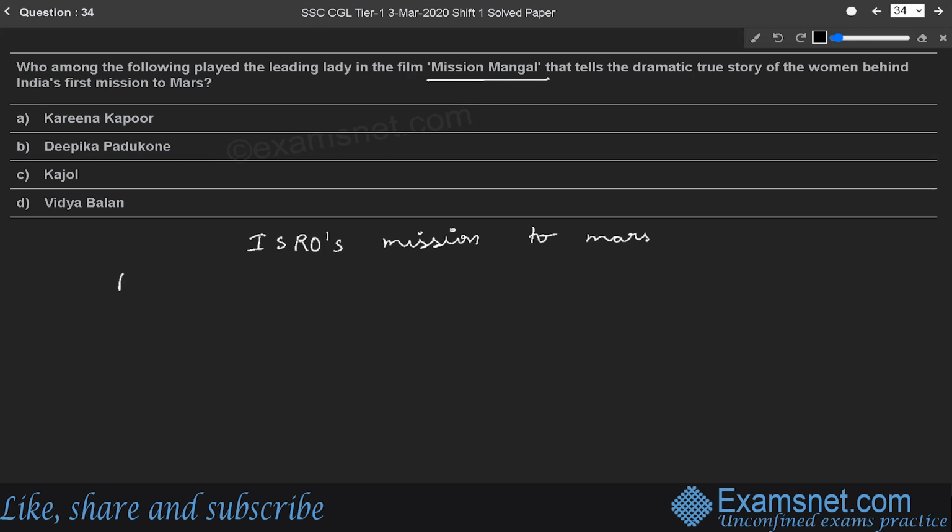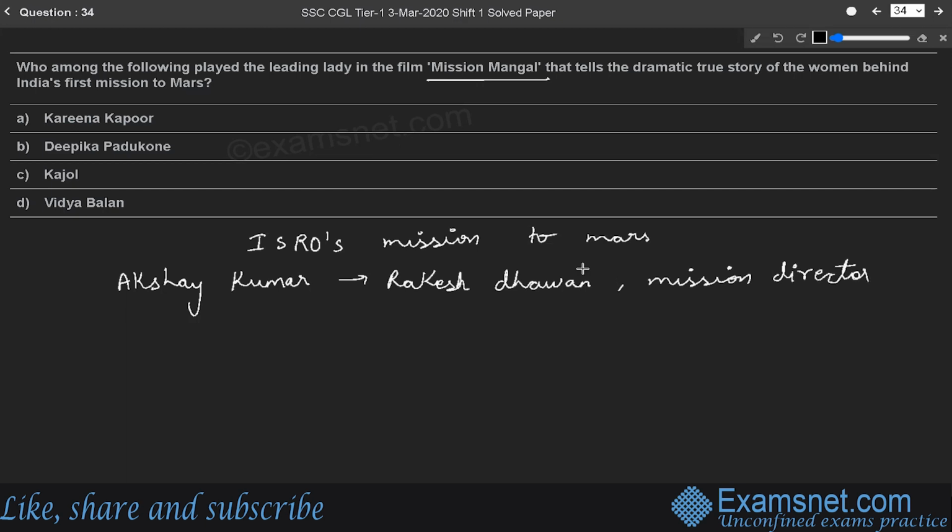Also, Akshay Kumar played the role of Rakesh Dhawan, who was the mission director. And Vidya Balan played the role of Tara Shinde, the project director.